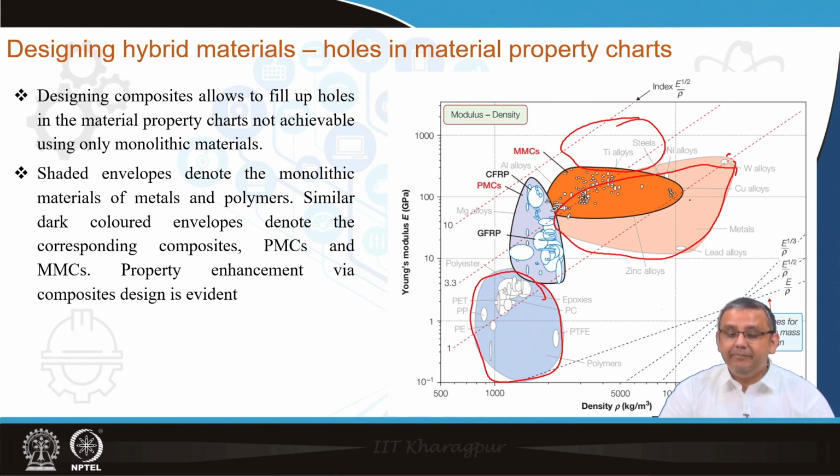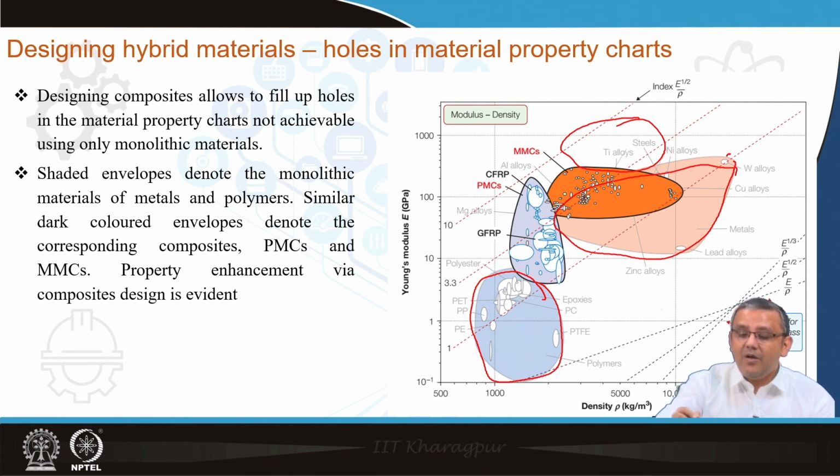If the hybrid materials had not been there, the rest of the plot would have been empty. But now, because we have the hybrid materials, like ceramic reinforced polymers, fiber reinforced polymers and all those things, they fill up this region. Then the metal matrix composites, between metal and ceramics, also fill up these regions.